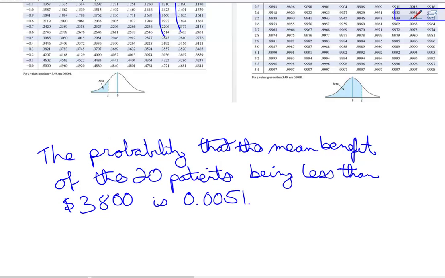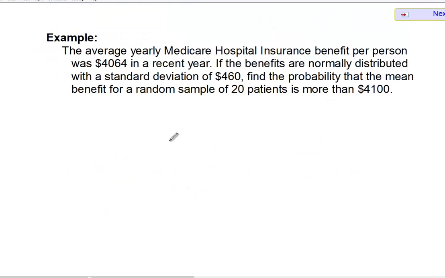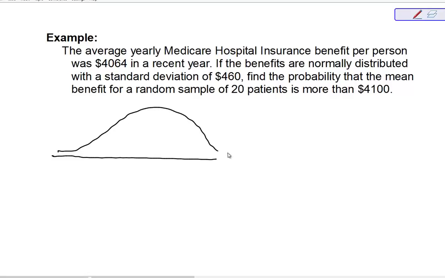Let's look at another example. We're going to look at the same Medicare hospital insurance benefit, but this time we want to look at more than $4,100. So this time I'm going to go ahead and draw my picture. In the center I'm going to put $4,064 because that is my mu.